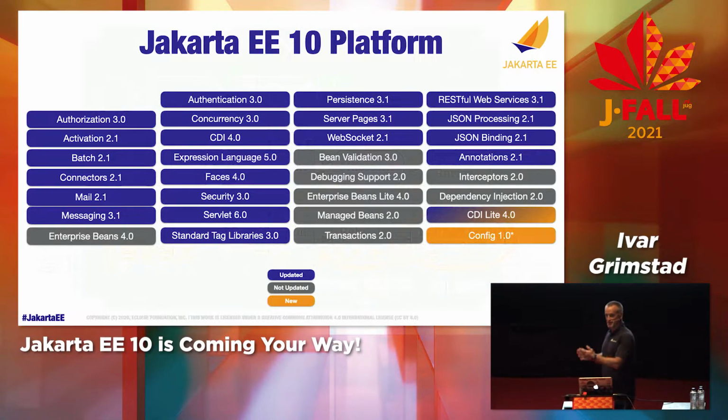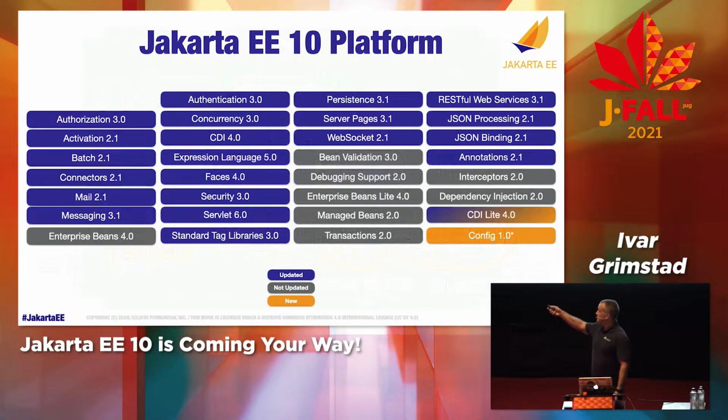It will be a part of the deliveries, and I'll get to that in a couple of slides. But it's also marked with an asterisk, because it probably won't make it to the Q1 release of Jakarta EE 10. CDI Lite is a new specification. And that is a subset of CDI. But I've added it here as a separate specification just to visualize it.